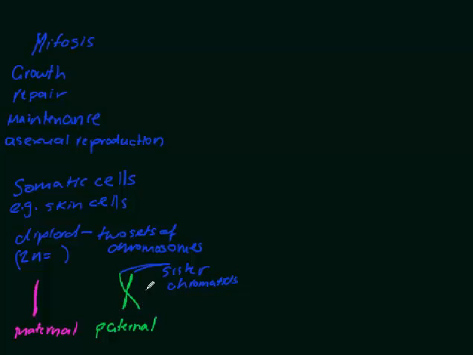So sister chromatids of the paternal chromosome, and they are joined together in the center by what we call a centromere. Now finally, the last bit of terminology is that our maternal and our paternal chromosomes, say for chromosome 1 in a human, is what we call a homologous chromosome.